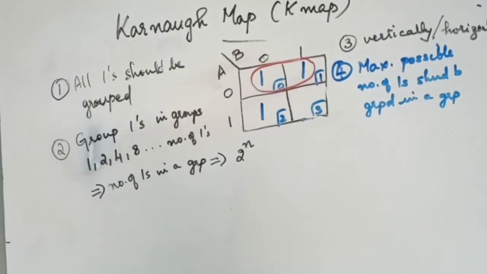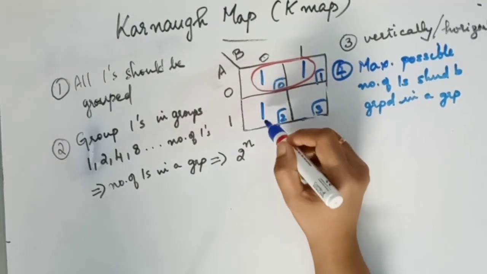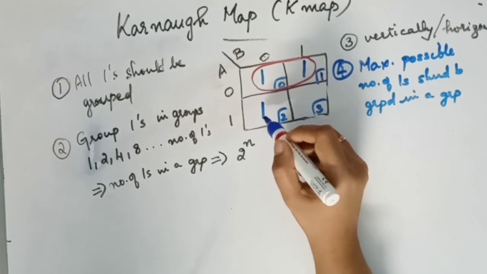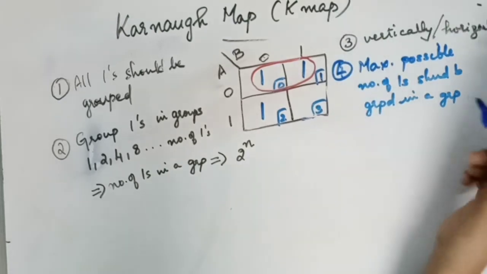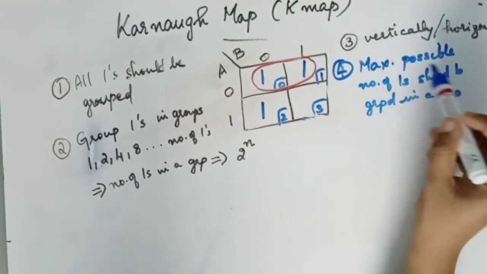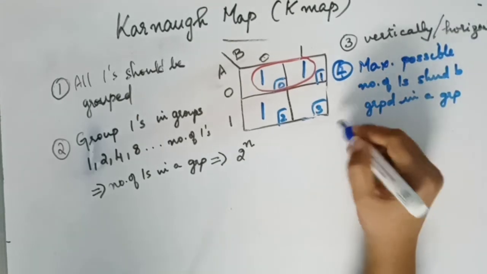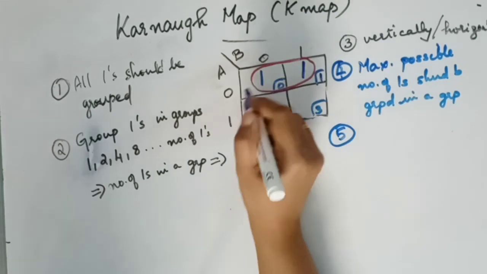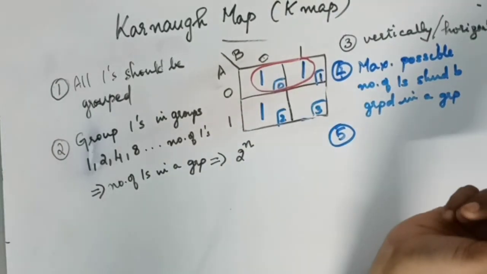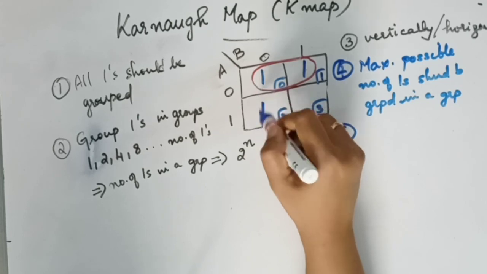Now next one is, here you have this one. This one also should be grouped. So how do you group this? You can group it singly. Again, my fourth point is maximum possible number of ones should be grouped inside a group. So my next doubt will be, this particular one is already grouped. So can I group this one with this?